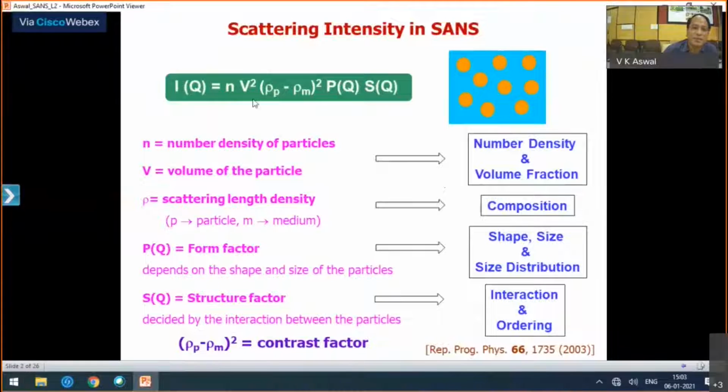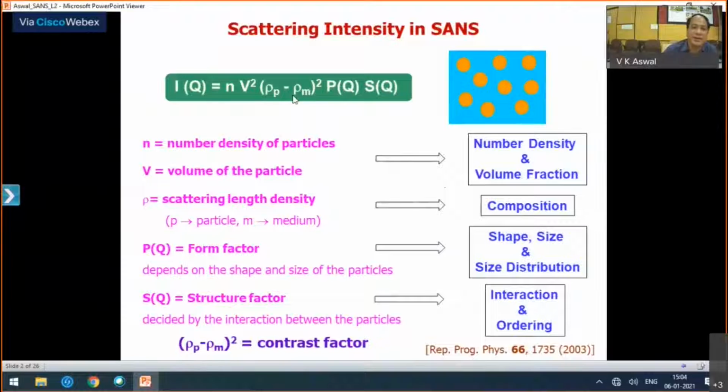And then this term, which is the topic of today's lecture, is the contrast term. So (rho p minus rho m) squared. You can clearly see that if the scattering length density of the particle is equal to the scattering length density of the medium, then you have zero scattering intensity. Unfortunately, with many techniques you cannot change this term.